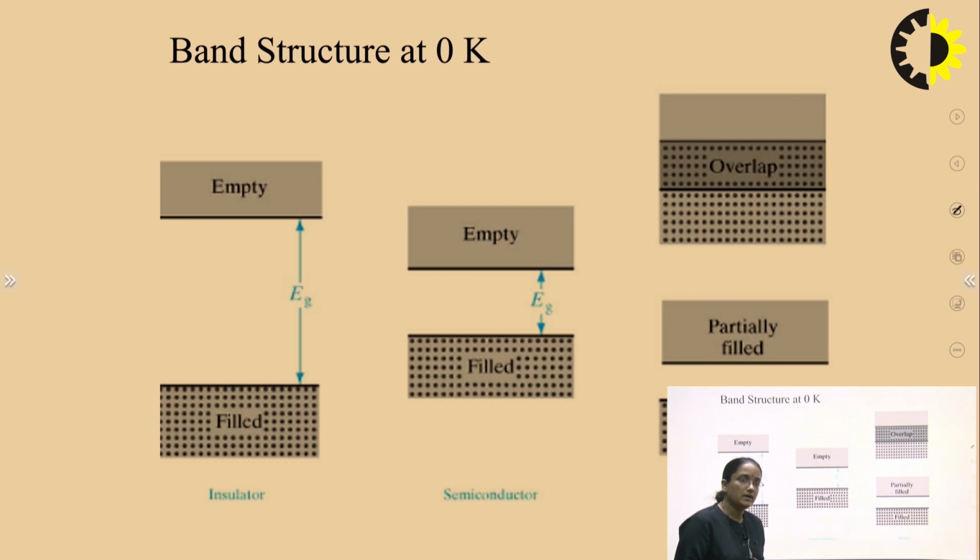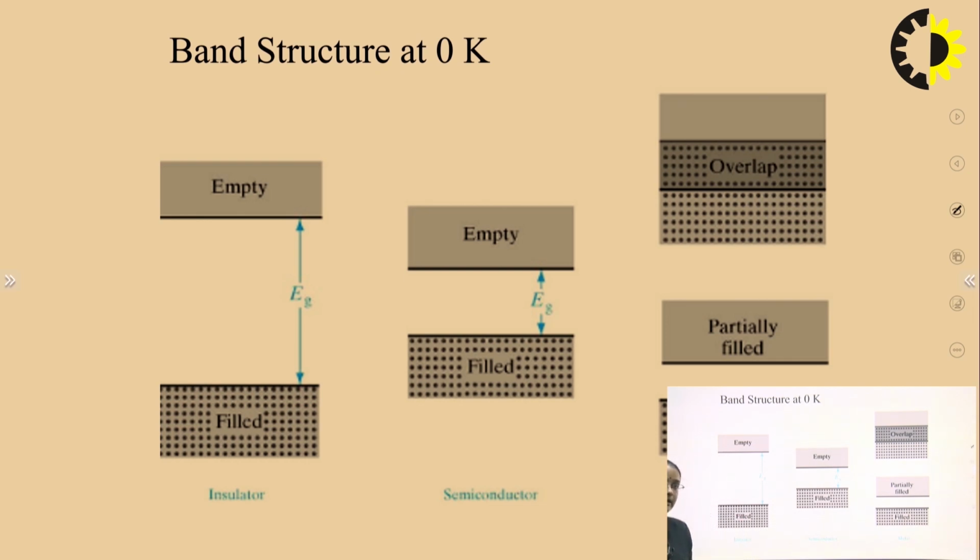Next are the semiconductors, in which the valence band is completely filled, but the conduction band is empty at 0 Kelvin, and the energy gap is around 1.2 electron volt, in between conductors and insulators.